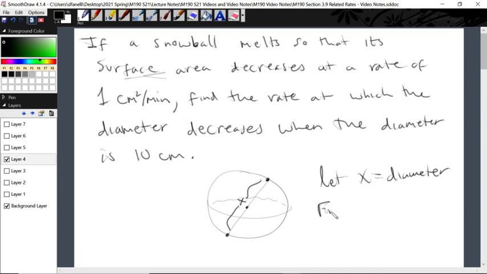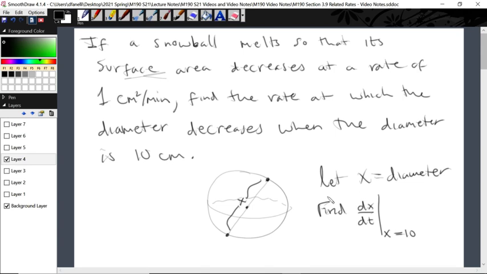We're told it decreases, so we should expect this to be a negative quantity when we find it. Find dx/dt at what instant? When the diameter, that's x, is equal to 10.